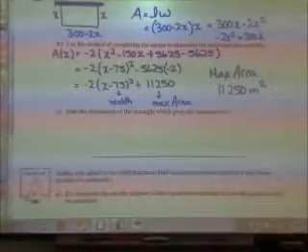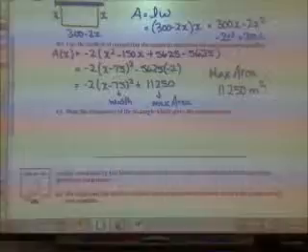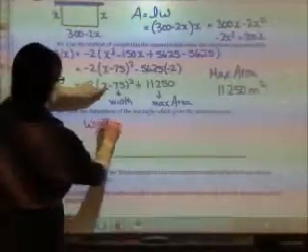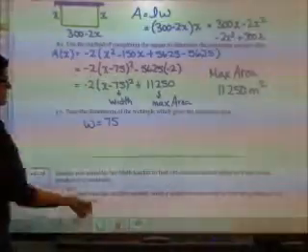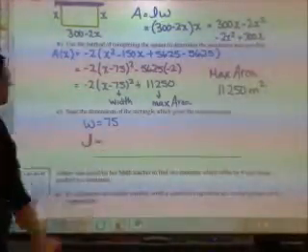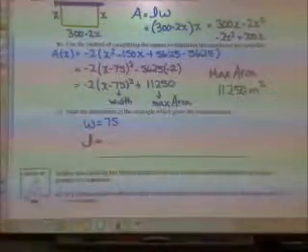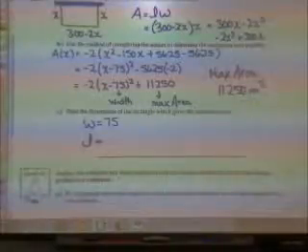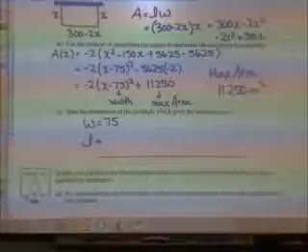So what would be the dimensions of that rectangle? The width we've already determined would be 75. And what would the length equal? How did you get that?